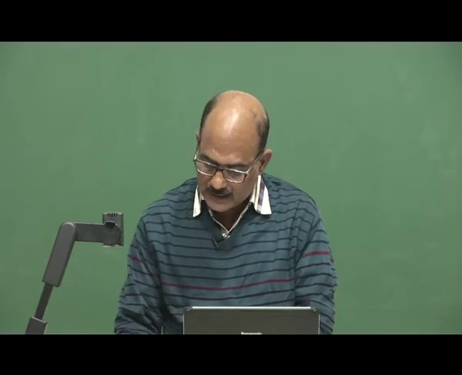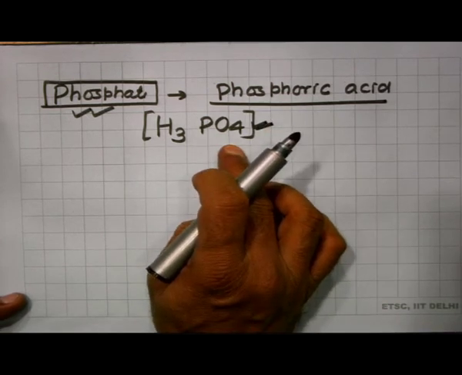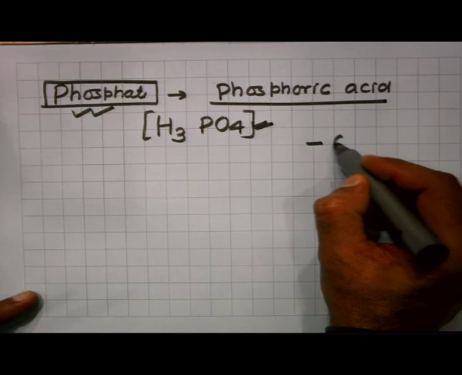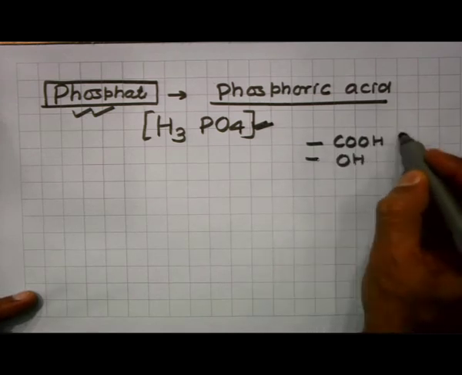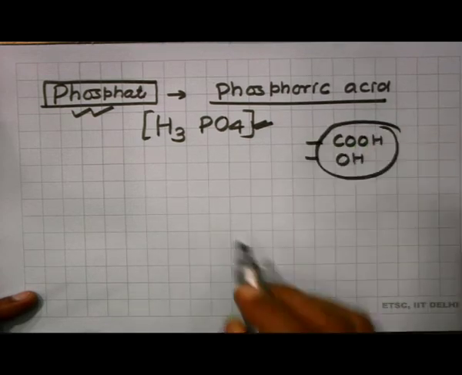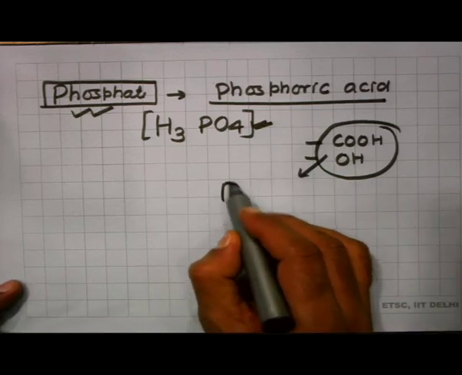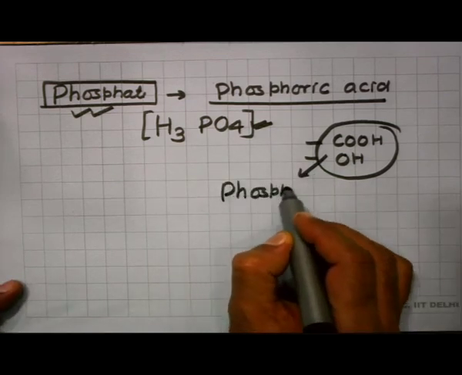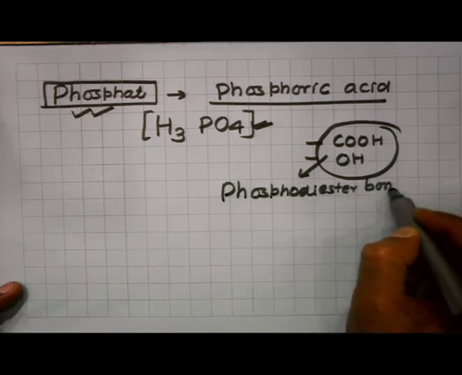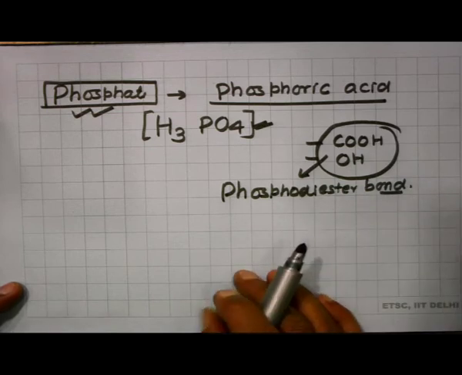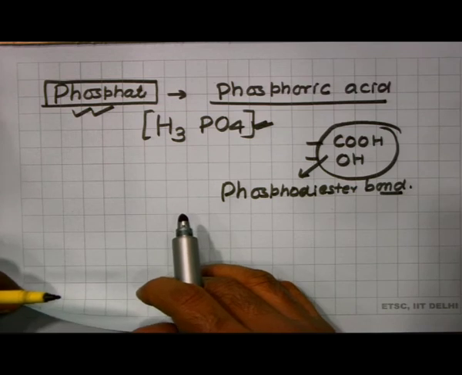The phosphate is H3PO4 in the form of phosphoric acid. This phosphoric acid contains an acidic OH group and the sugar contains an OH group. These OH groups combine and help in the formation of the phosphodiester bond. We will see the formation of the phosphodiester bond in the DNA later on.